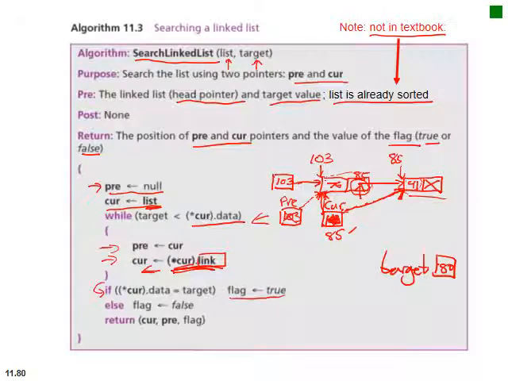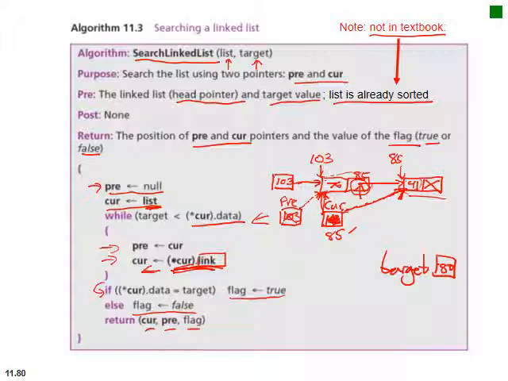The else part gets executed, which basically means flag is false. In other words, it didn't find this value. But current is still pointing there, and pre is still pointing there. So current and pre are returned, as well as the value of flag.